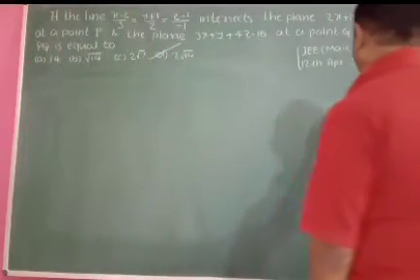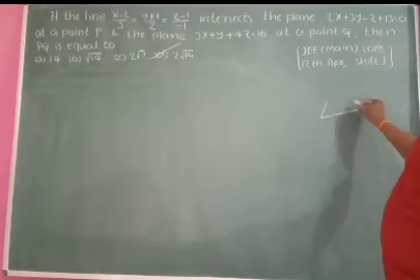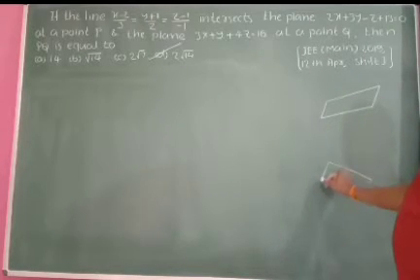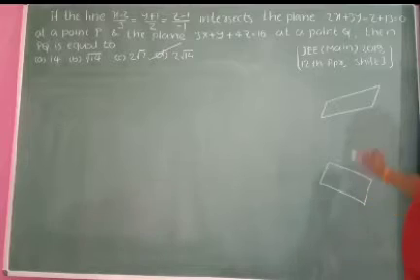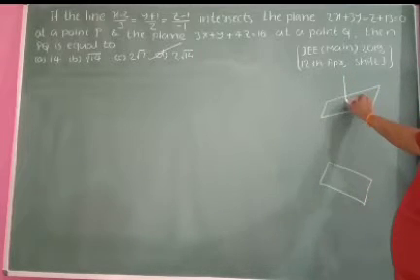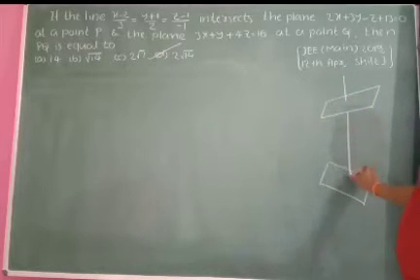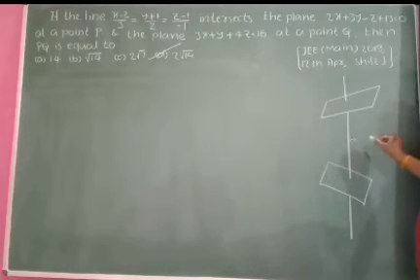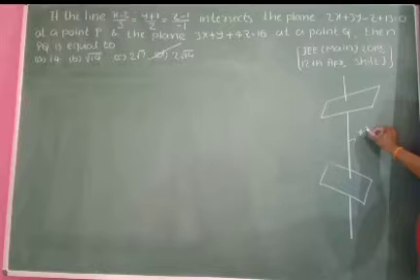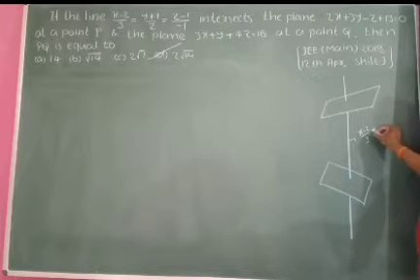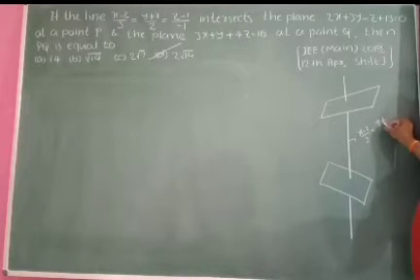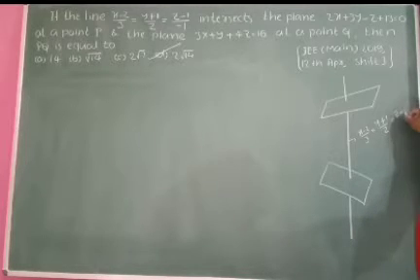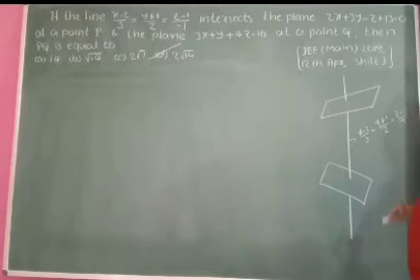So there are two planes here. This is one plane, and consider this is one more plane. Then this is the line. The equation of this line is already given: (x minus 2)/3 = (y plus 1)/2 = (z minus 1)/(minus 1).